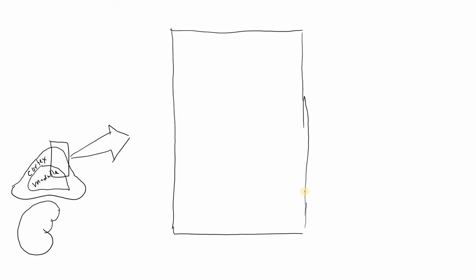Okay, ideally try to make a rectangle like this. Okay, and then we're going to have different zones here. So try to draw it just like this. Okay, so here's an area.